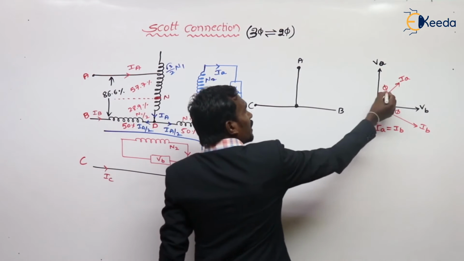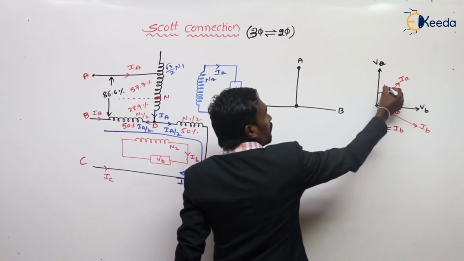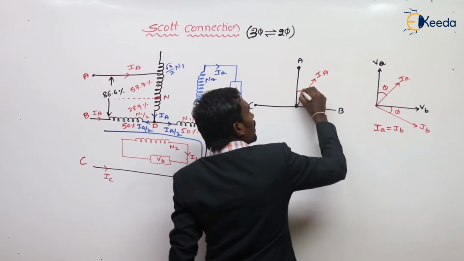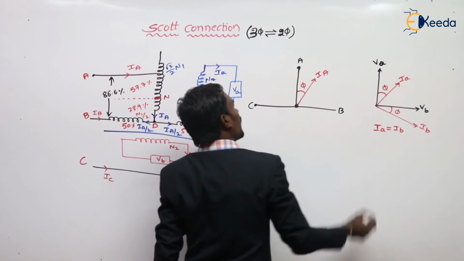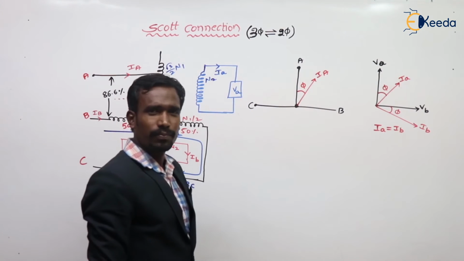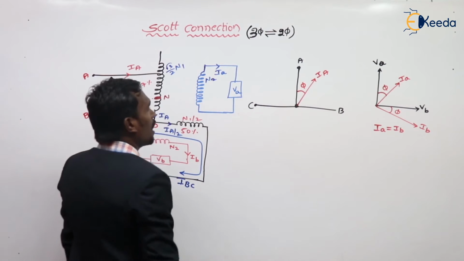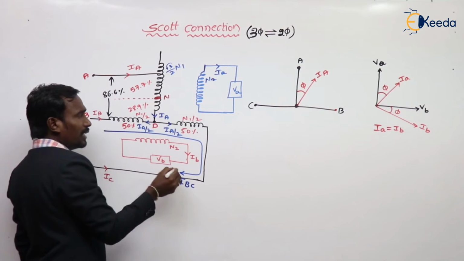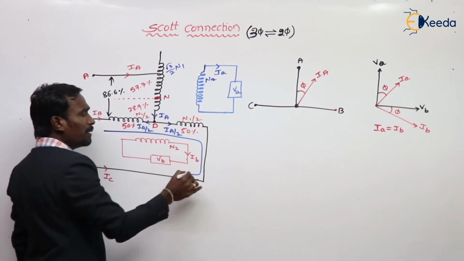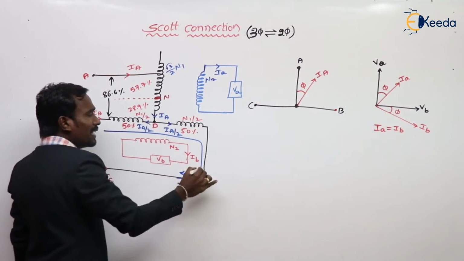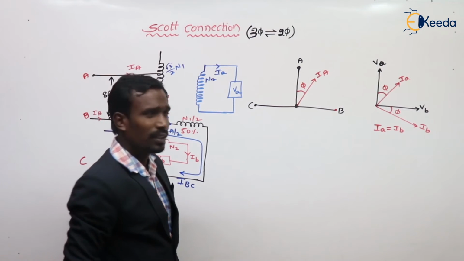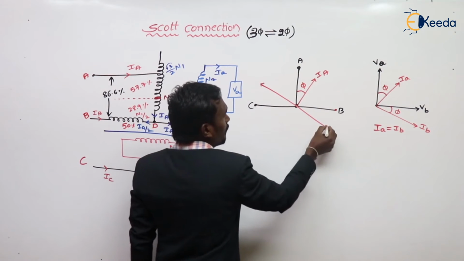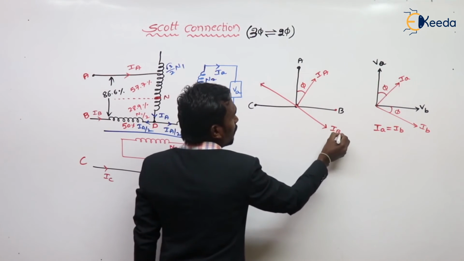That's why, if IA is lagging VA by phi angle, then our IA is also lagging this VA by angle phi. And next, IA and IBC are exactly 90 degrees to each other. That's why the IBC current should be like this.